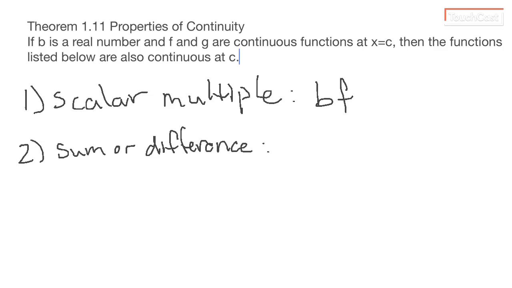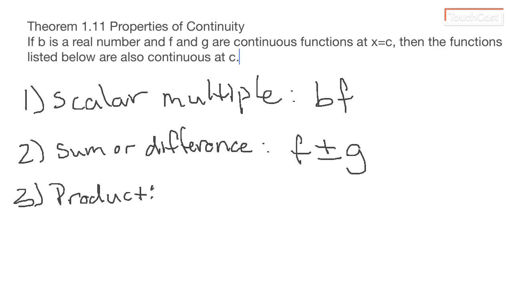This pretty much says if we take our two continuous functions and we add or subtract them, we're going to get a continuous function. Products are also going to work. So if we take two continuous functions, f and g, and we multiply them, we'll get a continuous function. Lastly, quotients will work.